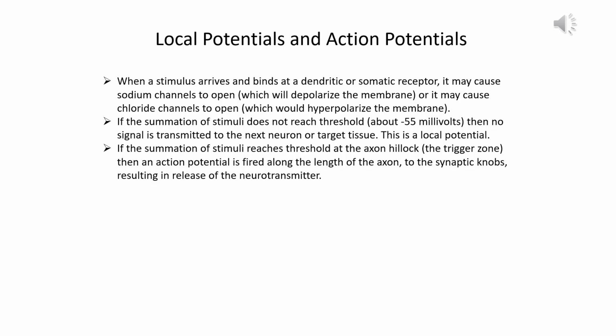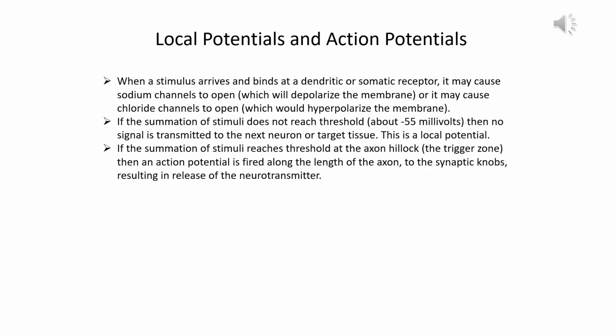That is sufficient to pull the trigger. When the trigger is pulled, the action potential is fired. Doesn't matter if you pull the trigger harder, the bullet doesn't fly any faster. The action potential is going to travel at the same rate down the axon, no matter whether you brought a minus 55 or whether you brought a 0.